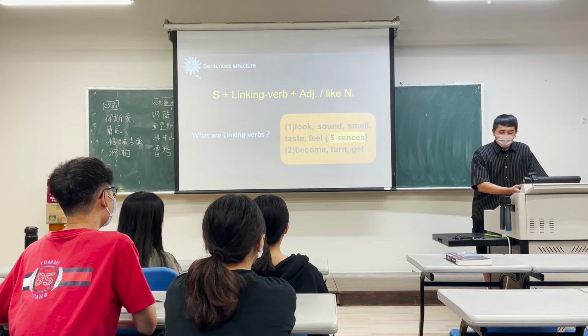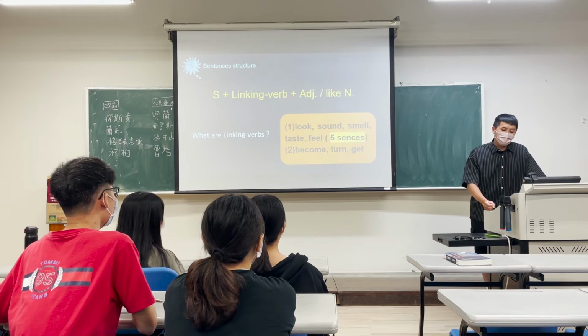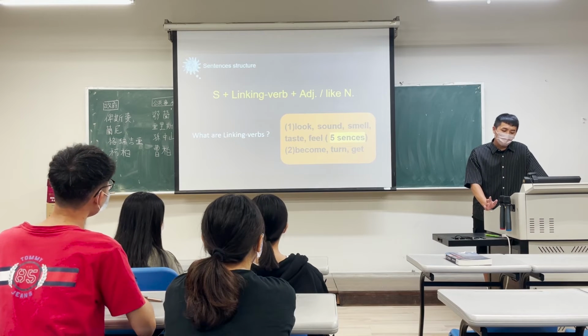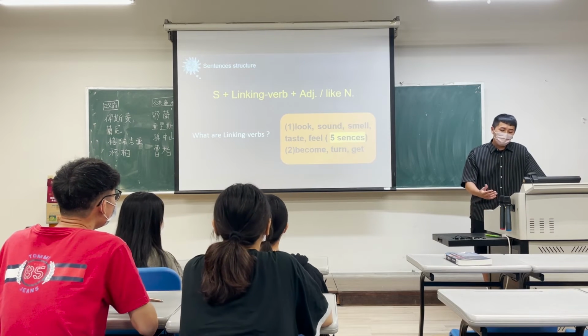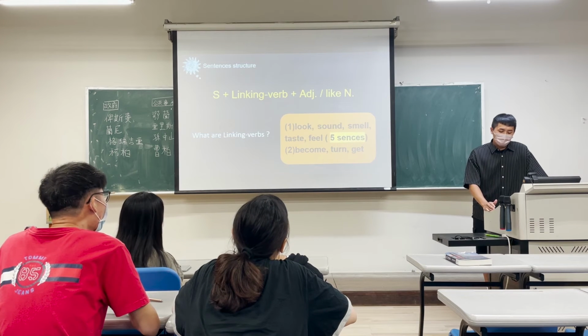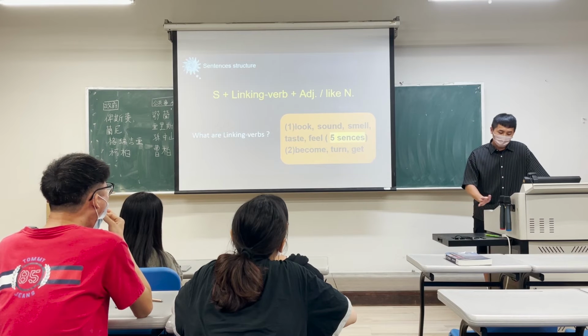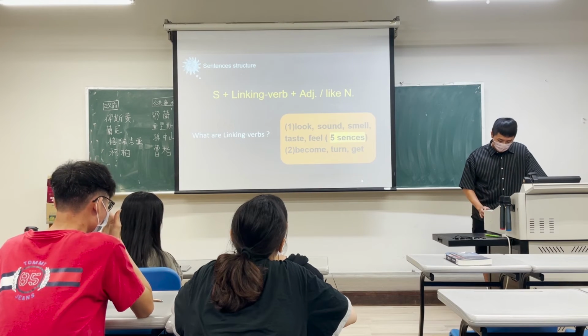But like the action, look, or sound, or smell, taste, feel, the five senses of a human, we can't really see the action, right? So these five senses are considered linking verbs. And other linking verbs that don't count as an actual action include become, turn, or get, etc. Okay? So these are linking verbs.